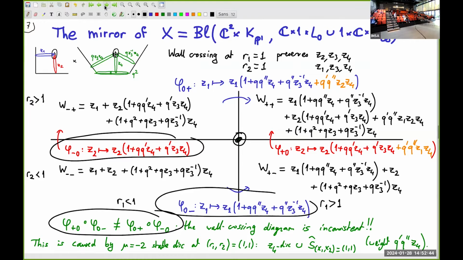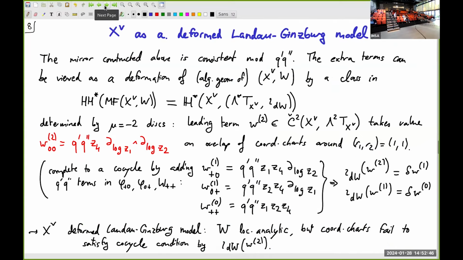And we ended with a discussion of how we can still think of this inconsistent mirror as a deformed Landau-Ginzburg model, in the sense that modulo terms that had these coefficients q prime, q double prime, which were some Floer weights of certain curves, we had something that was an honest Landau-Ginzburg model.